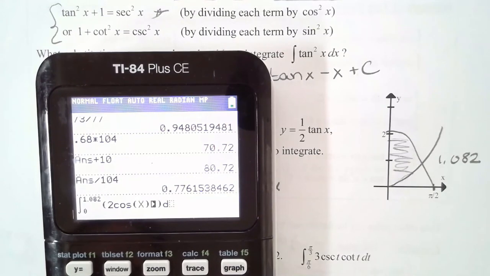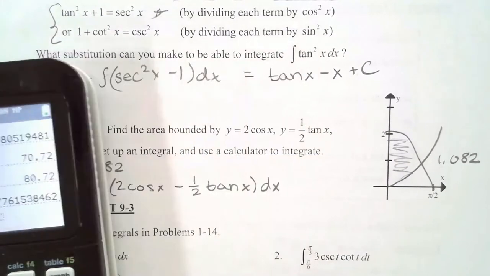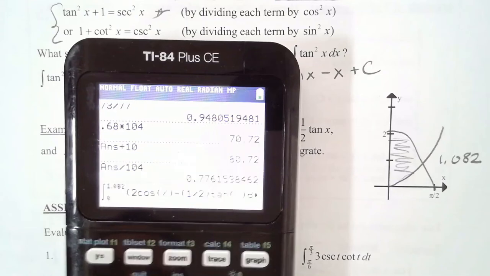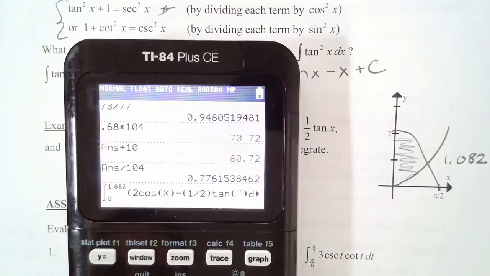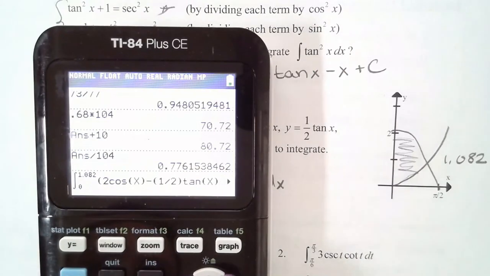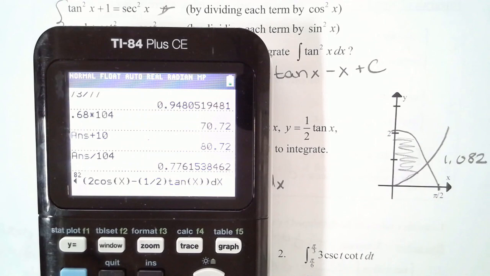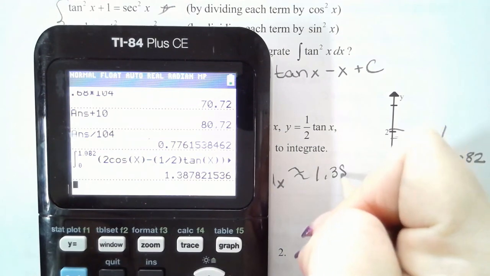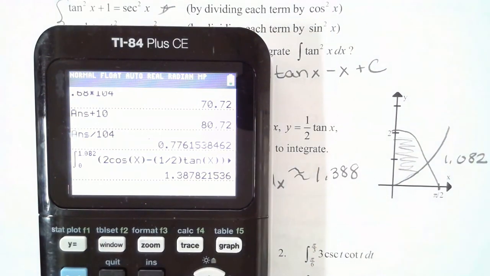Minus, be careful of your parentheses, guys, 1/2 tangent x. Okay, like I said, be careful of those parentheses. We're in dx. So our answer is 1.388. And we are done.